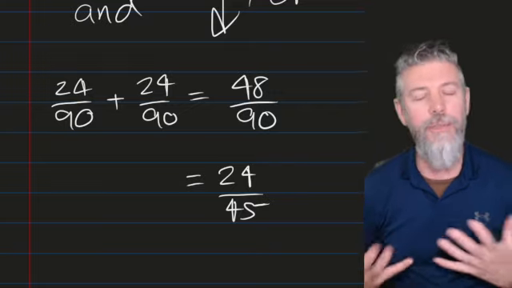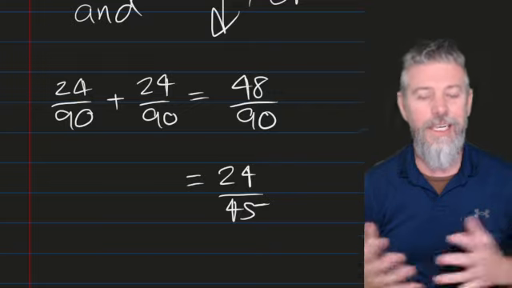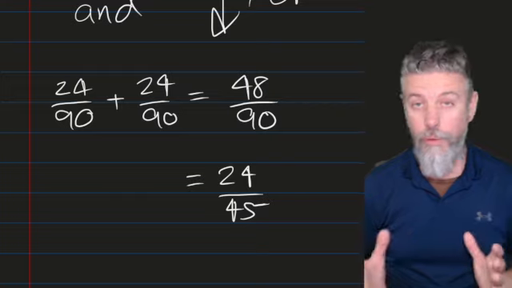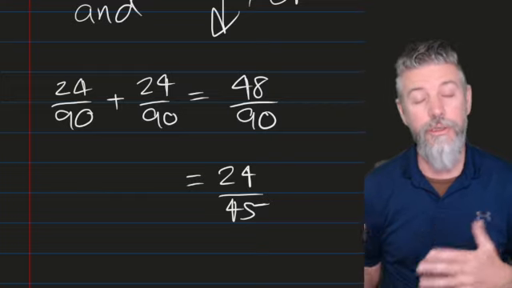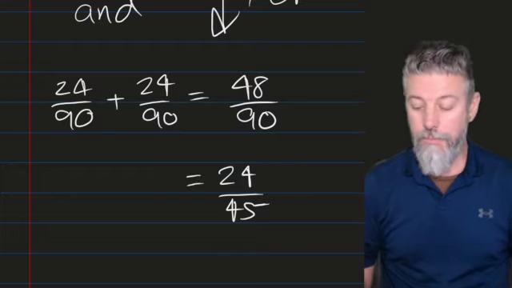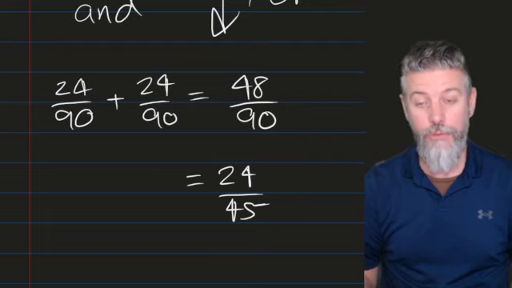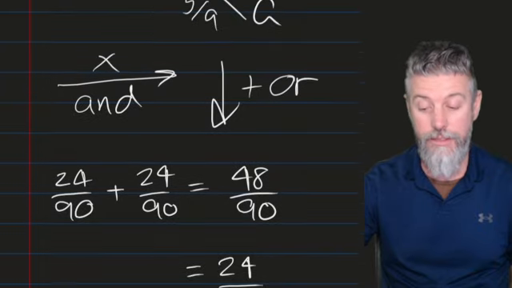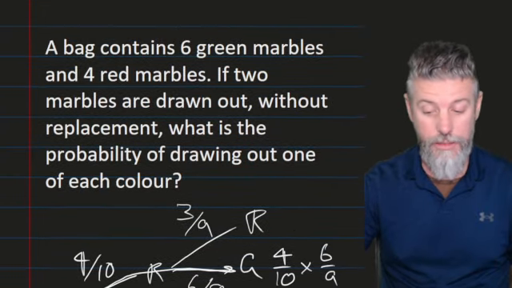In probability, it can be a little bit hard to be like, I didn't expect it to be that low or that high. But if you then go back on all the questions as you're doing them and ask, does that make sense? So for example, these are mixed, and the probability is 24 out of 45. So it's just a slightly greater than half chance that they will be mixed.